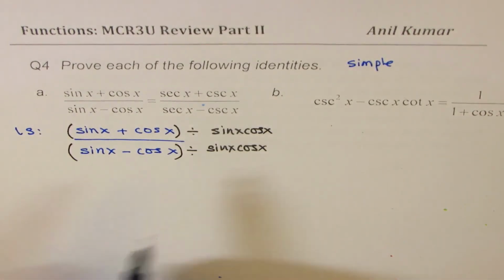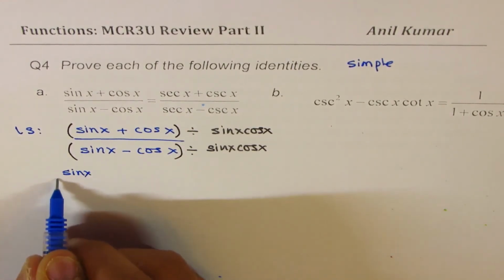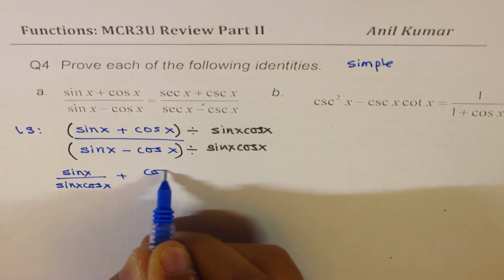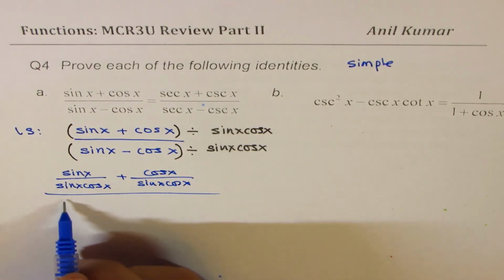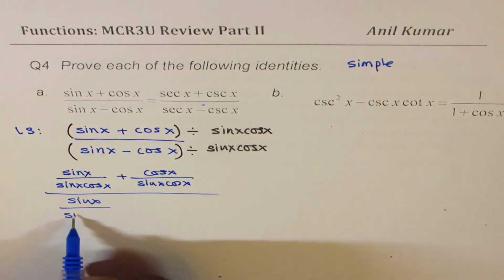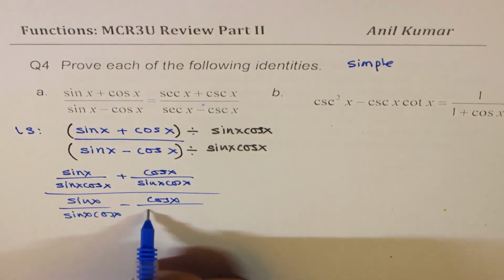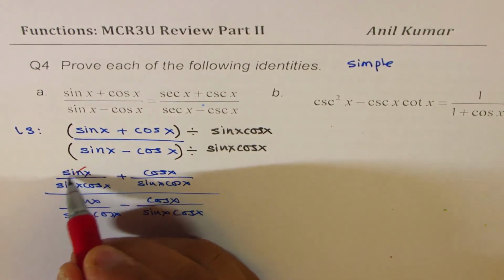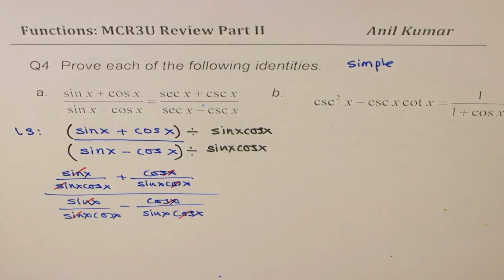As soon as you do this, let me show you what happens, right? So what we get here is sin x divided by sin x cos x plus cos x divided by sin x cos x over sin x divided by sin x cos x minus cos x divided by sin x cos x. What do you notice? Well, we could cancel a few terms and then write them as the reciprocal ratios, right? So 1 over cos x, do you see that?